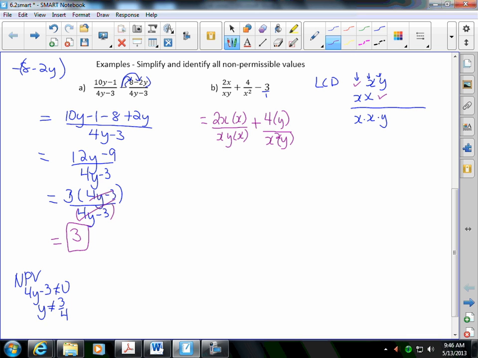So I can't put an x under a y because y and x are not the same. Then if I look at my last one, my minus 3, what is it missing? It's missing x squared and y. So I'll have to go minus 3 times x squared y over x squared y. So now I have x squared y, x squared y, x squared y on the bottom.